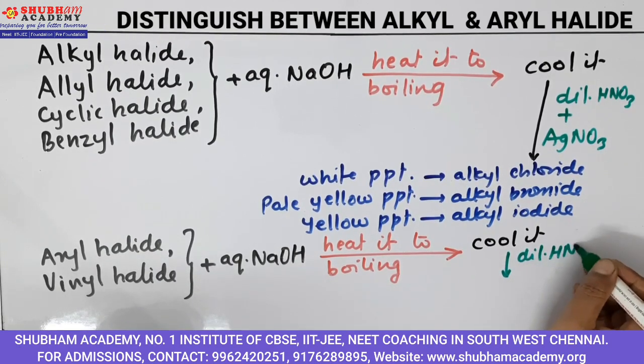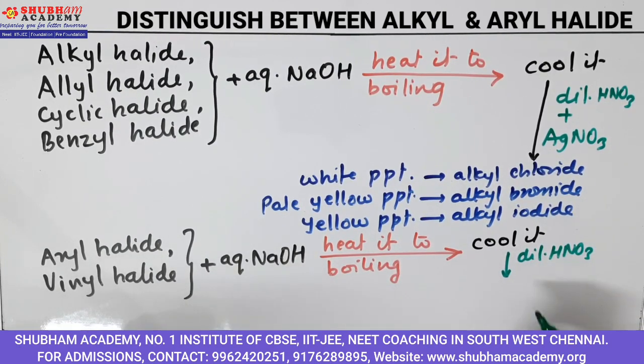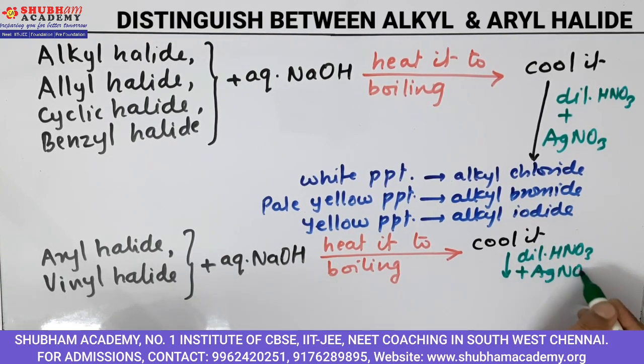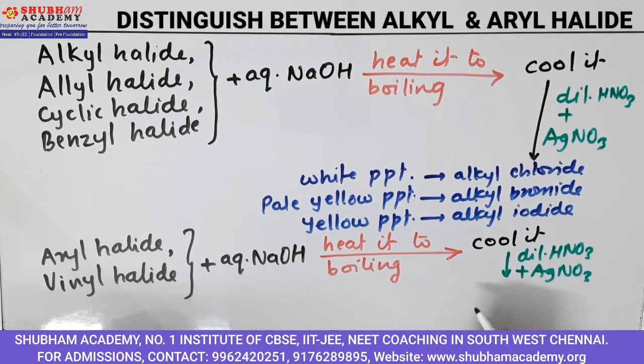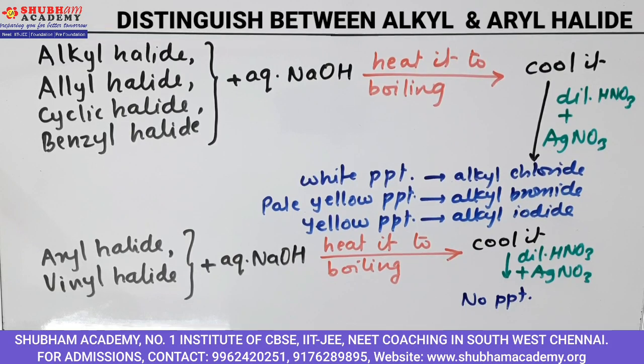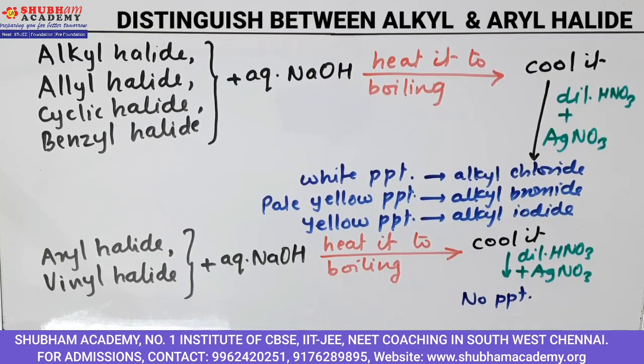Dilute HNO3, you are acidifying the mixture, right, plus AgNO3, right? So in this case you will not get any precipitate, so no PPT is formed, right? If precipitate is not formed, then it means either it is aryl halide or vinyl halide, okay?